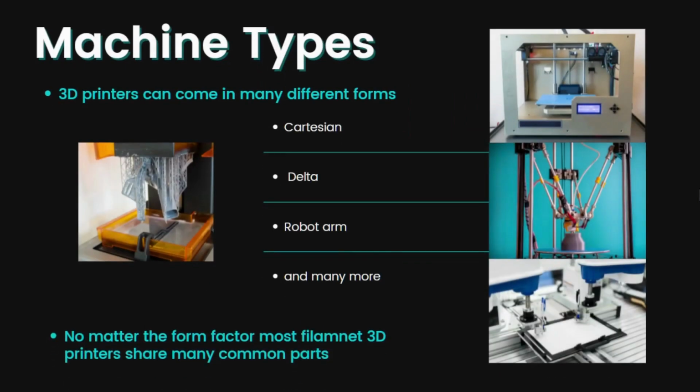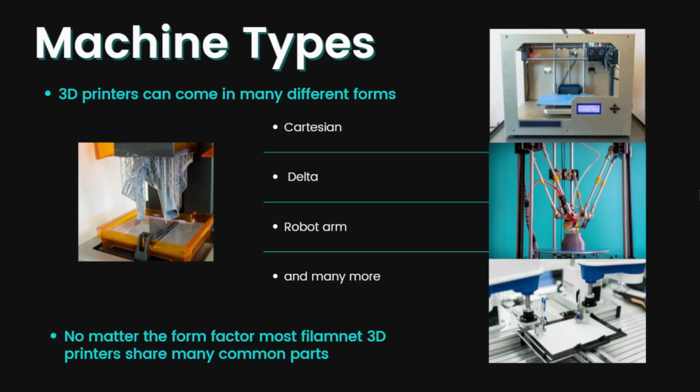Some common machine types would be Cartesian, Delta, robot arm mounted 3D printers. On the left is a resin printer that raises the build platform upwards out of a vat of resin as it prints the object.